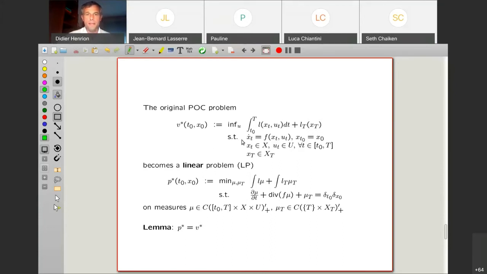So I replaced a nonlinear, non-convex problem on functions with a linear problem on measures. And under the no relaxation gap assumption that I mentioned before, we can prove that there is no gap between this original problem and the linear problem. So the values of both problems are the same.